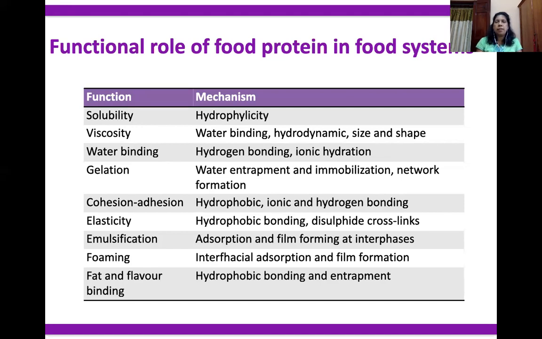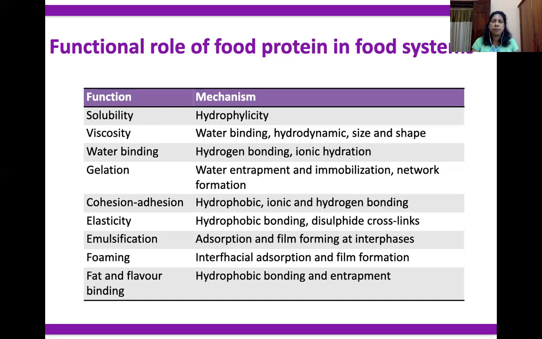The second one is viscosity. Viscosity can change in different situations, because of the mechanisms of water binding, hydrodynamic size and shape, right? When we talk about the mechanism, first it is water binding. That means viscosity can be changed.